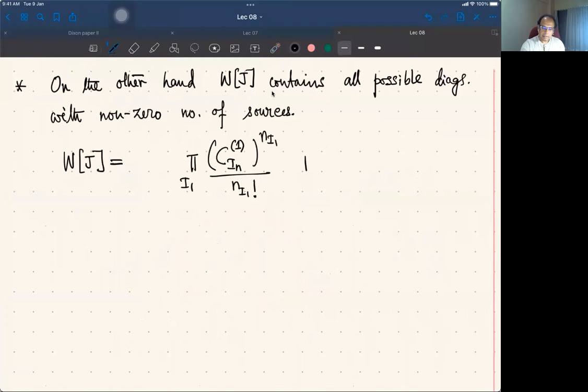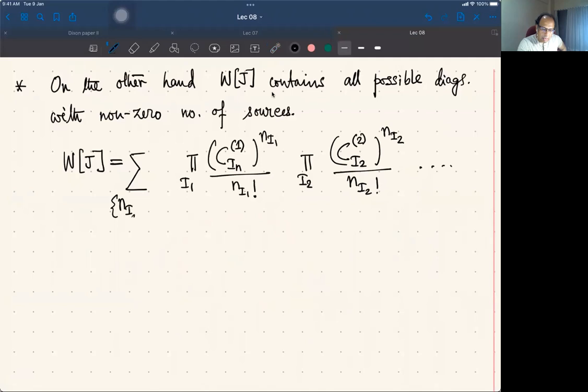Then it can have a factor with n equal to 2, right? 2 dot diagram. So that will be C2 i2 to the power n i2 divided by n i2 factorial, and so on. And then you should sum over all these n i's, right?